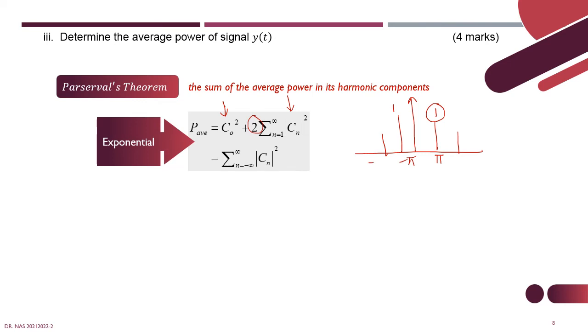For example, this is negative 2 pi and this is 2 pi. The amplitude is 0.5 and 0.5. So your P average in this case will be, so you have your C naught, for example, 1 as well.